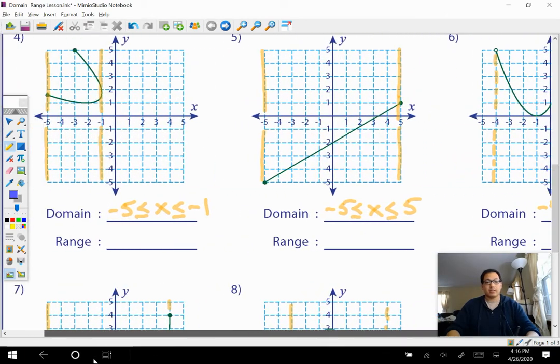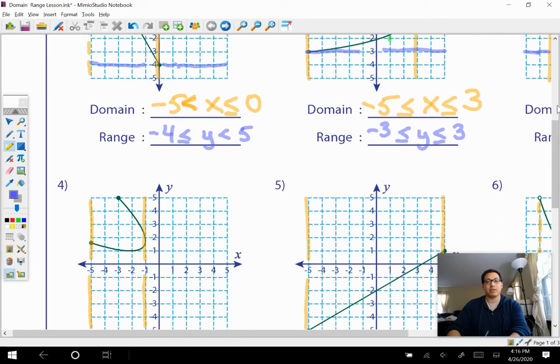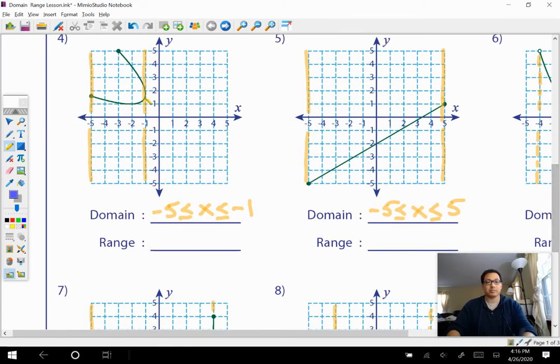All right, let's take a look at a few more, and then hopefully you get the idea here. So what's the range of this graph? A little bit tricky because it's got this curve. This is not a function. If we did the vertical line test, which is what I drew here with this green line, this is actually not a function because it would hit the vertical line twice, meaning there's more than one output.